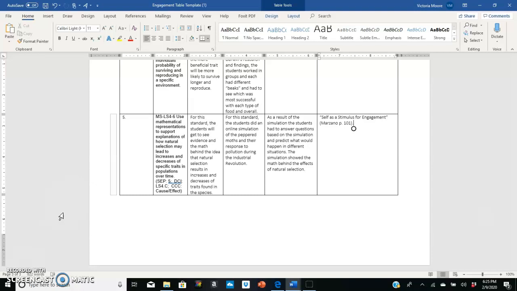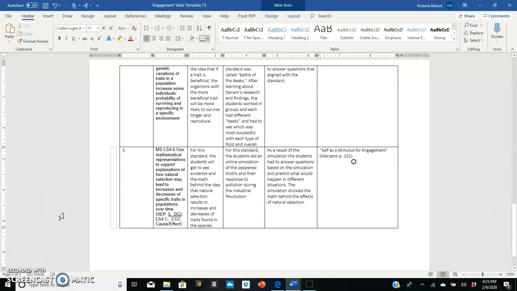So this wasn't a buzz. The students learned a lot, but it just wasn't quite at the engagement level, especially compared to my standards 3 and 4. Those ones were super engaged. This one was not quite at that level.